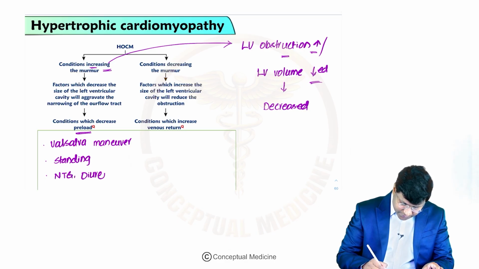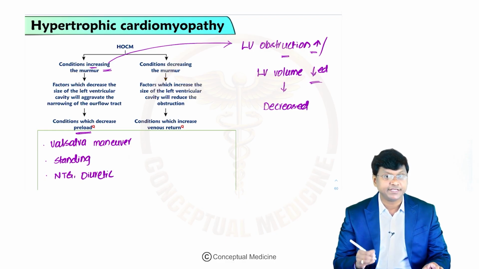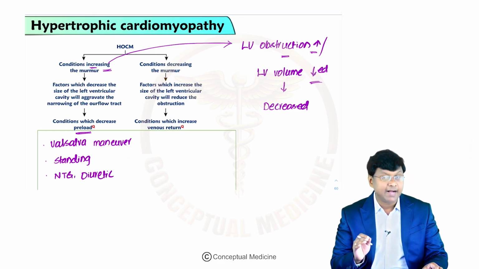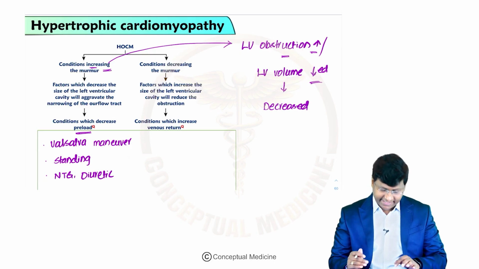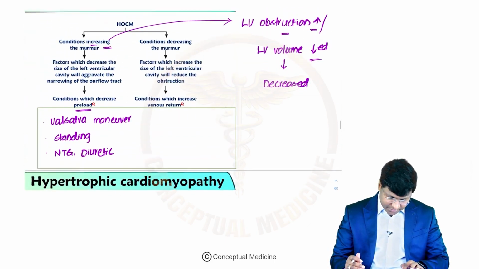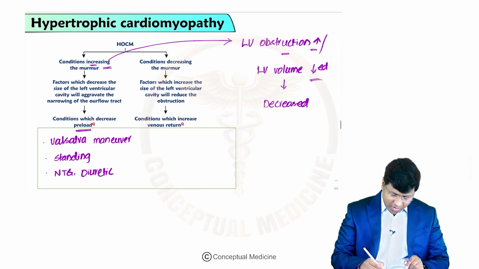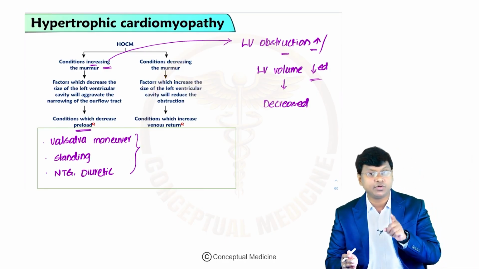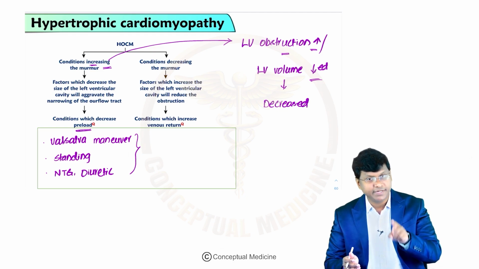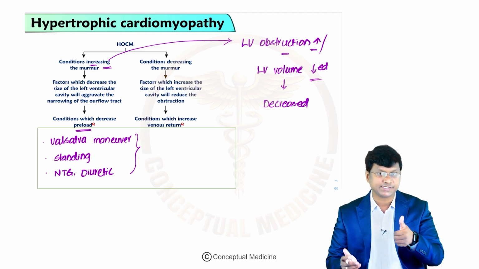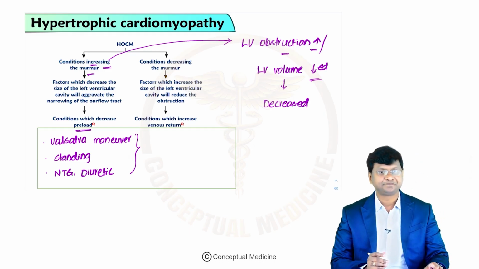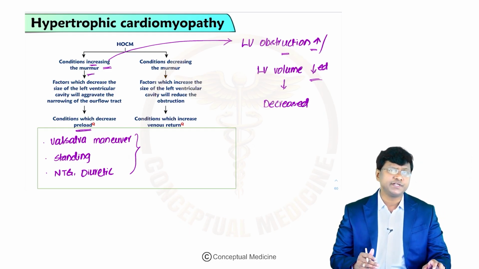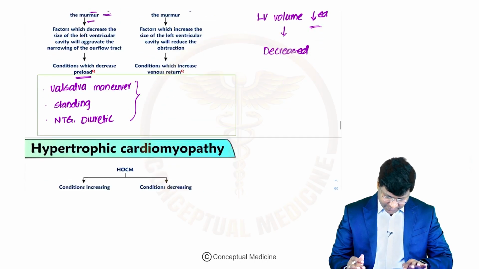Number four, diuretic supplementation. Next, amyl nitrate inhalation. In all these conditions, the preload, that is the venous return, decreases. Preload decreases, LV volume decreases, obstruction increases, murmur increases.